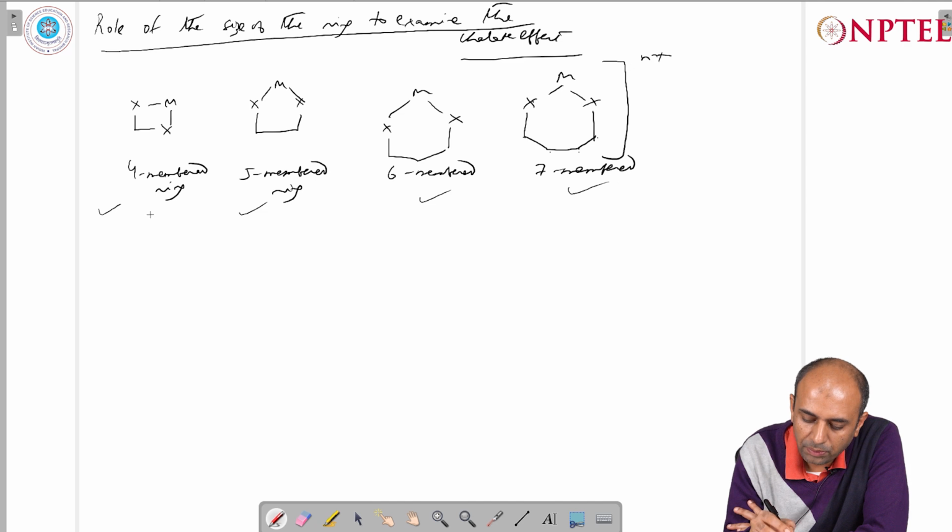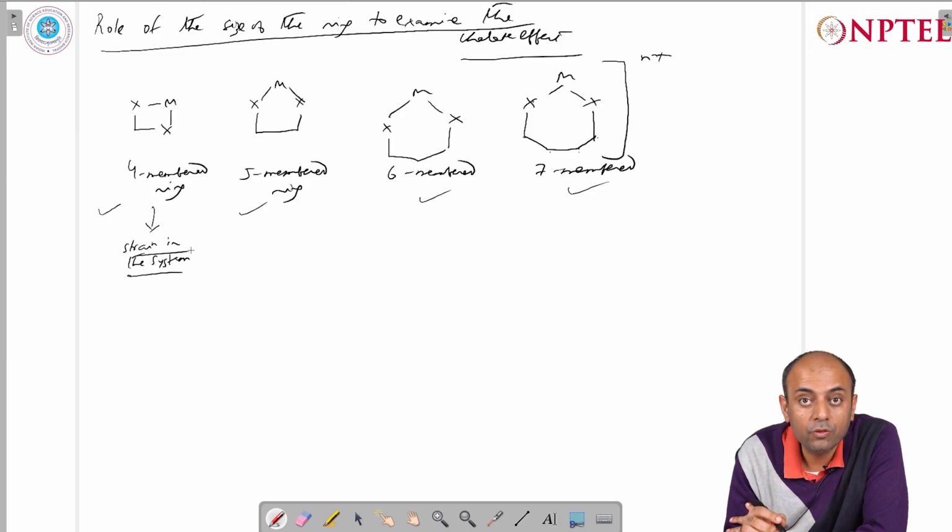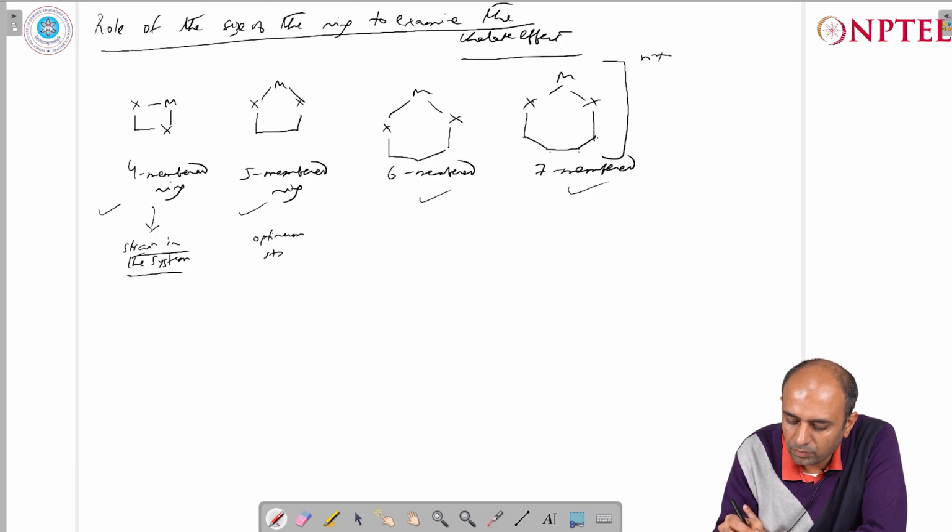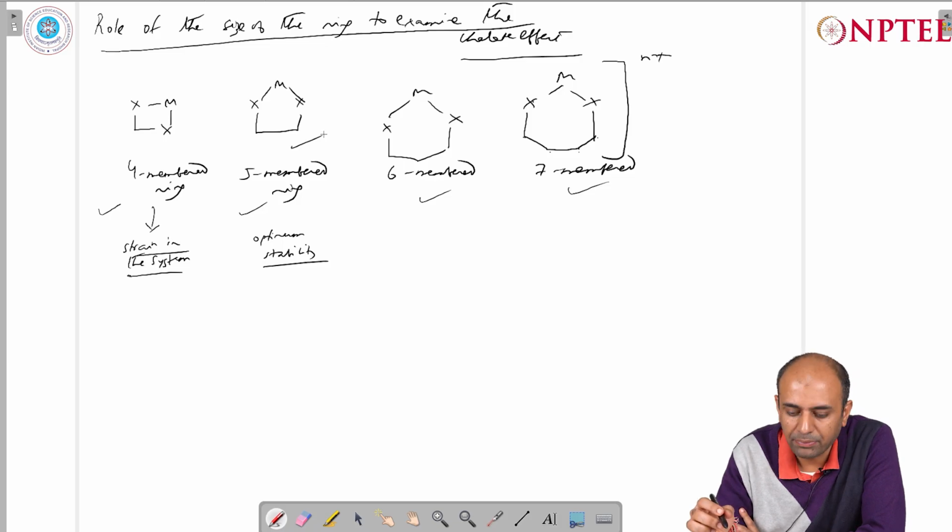In the case of the 4-membered ring, there is strain in the system. So, 4-membered rings are not relatively stable. The optimum stability is actually for the 5-membered ring, and mostly also observed for the 6-membered ring.